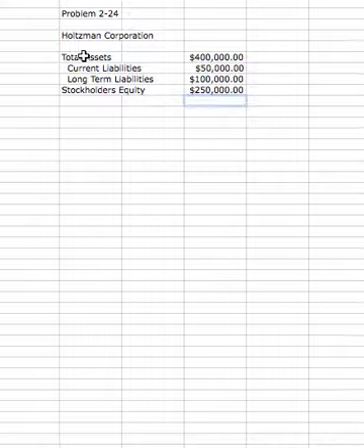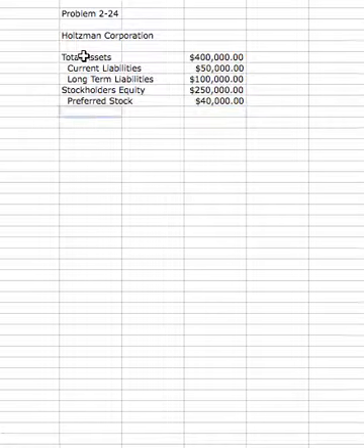Now, there are preferred shareholders out there, and the preferred stock that's outstanding is $40,000, so we have to subtract that as well, because preferred stockholders' equity must be subtracted from total stockholders' equity to get to what can be allocated to common shareholders.